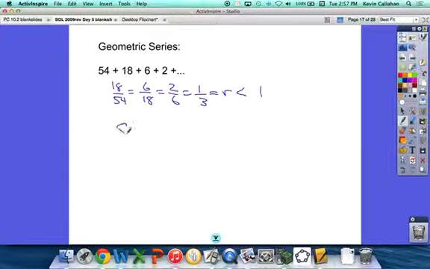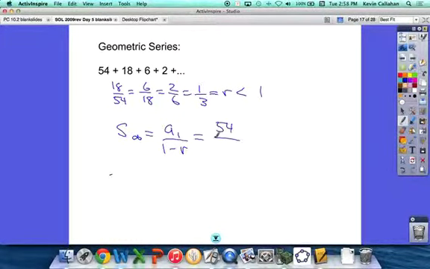So we can use the formula S infinity, and this is the only place I've ever seen it written that way, equals A1 divided by 1 minus R. So you just have two things to plug in, A1 and R. A1 is right there, 54.